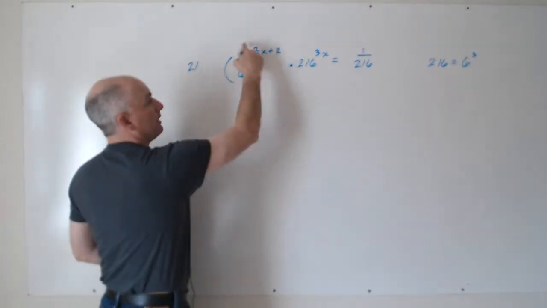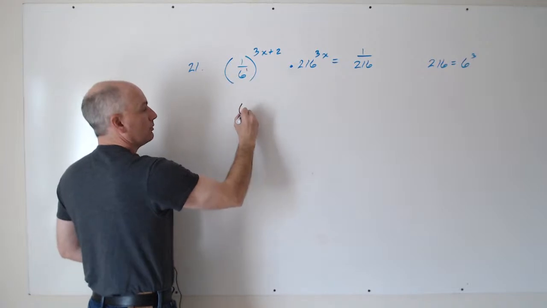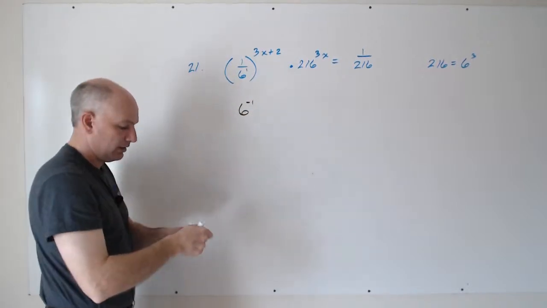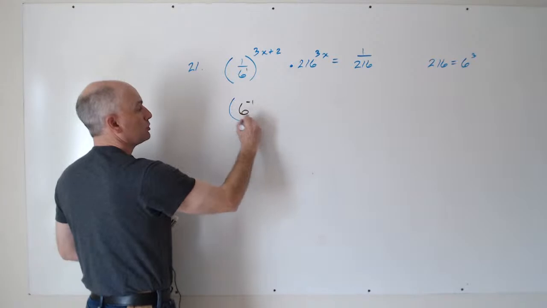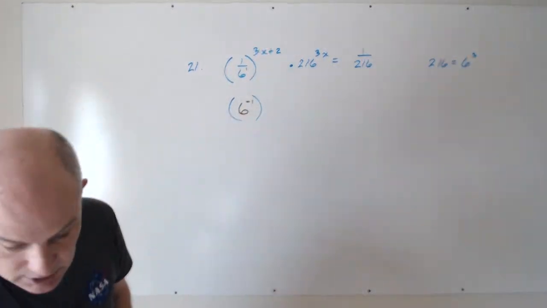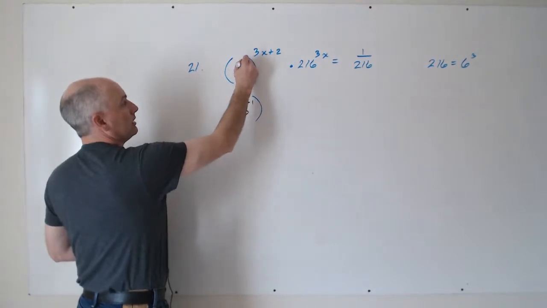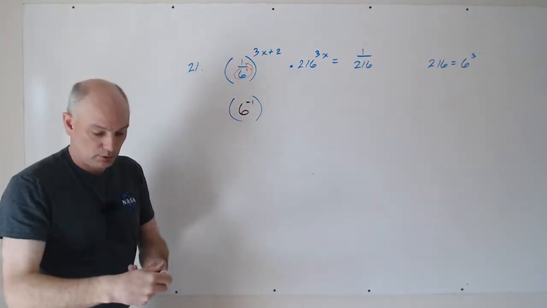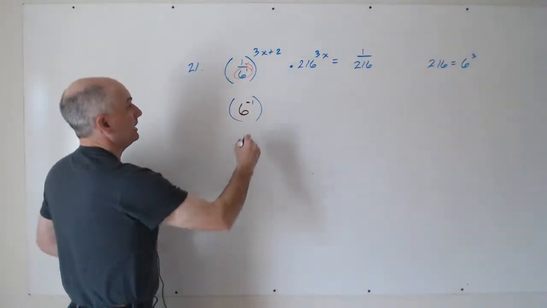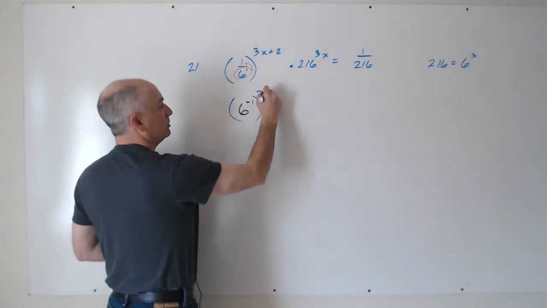So when I rewrite this chunk, it would be 6 to the negative 1st power, bringing that up to the numerator. So again, I'm taking a look at this chunk inside the parentheses and bringing it up as a negative exponent. Then on the outside, it stays as a 3x plus 2.